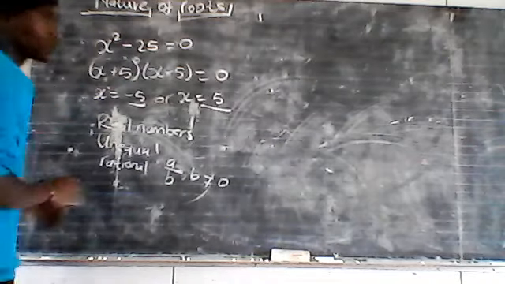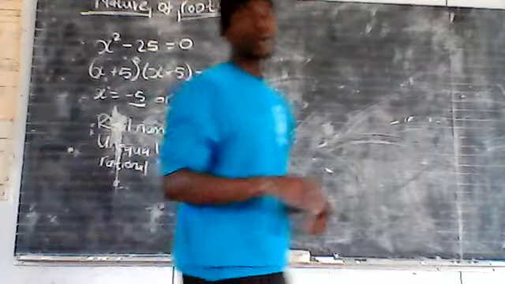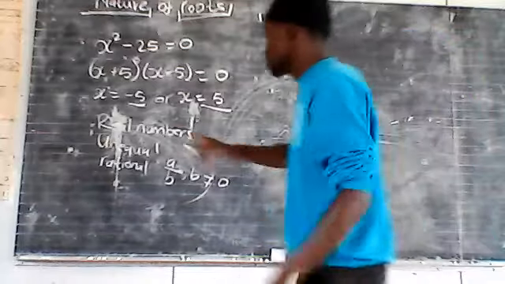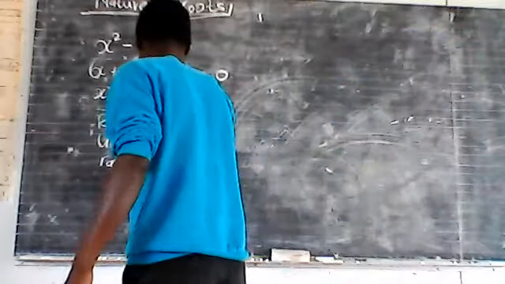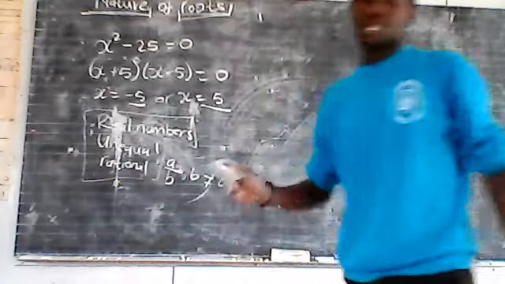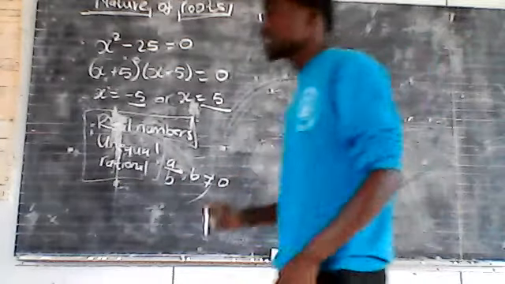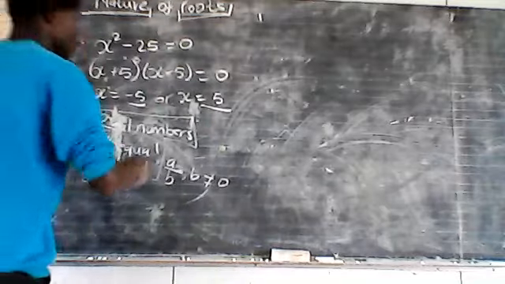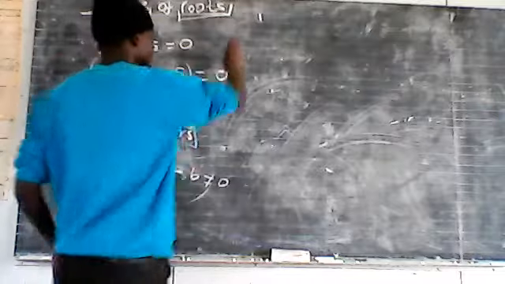So I'm going to introduce a way which we are supposed to use. There is a way we can predict the nature of those roots, whether they are real numbers or non-real numbers, and whether they are rational or irrational. So there is a method we use. Specifically in this question, you'll be required to apply that method.